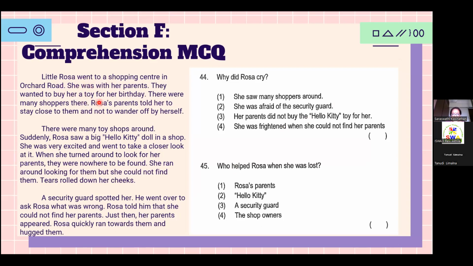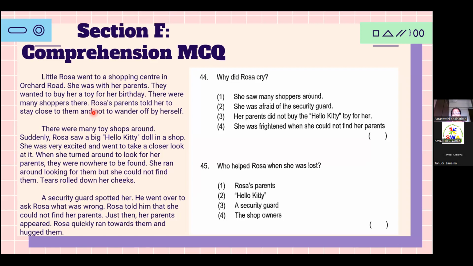Tanudi, can you just quickly tell me what the first paragraph told you? What did it say in the first paragraph? In your own words, explain to me. What is this first part about? Rosa's parents go to the shopping center with Rosa to buy a toy for Rosa's birthday.